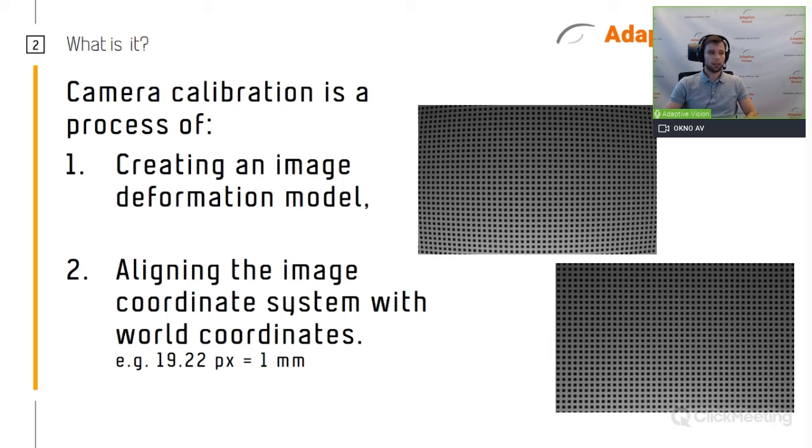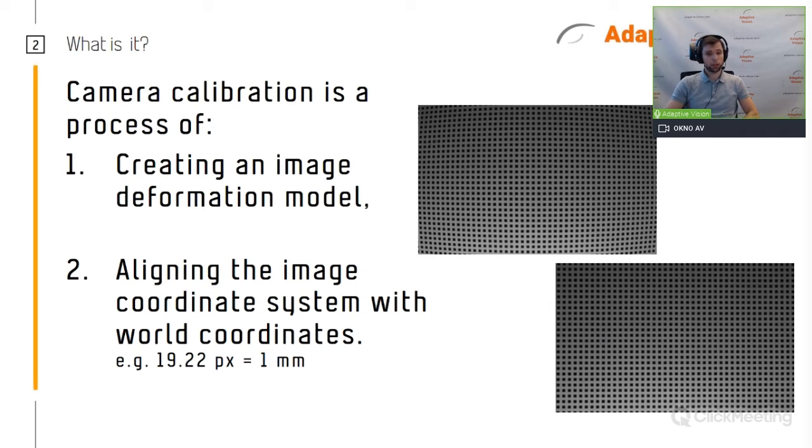That's the very well visible lens distortion. And the calibration is a process of finding that distortion and removing it, so that later we can work on such much better image.